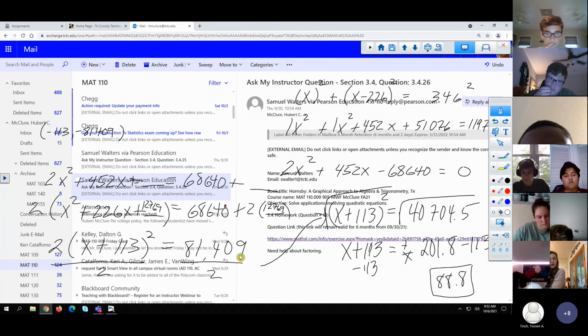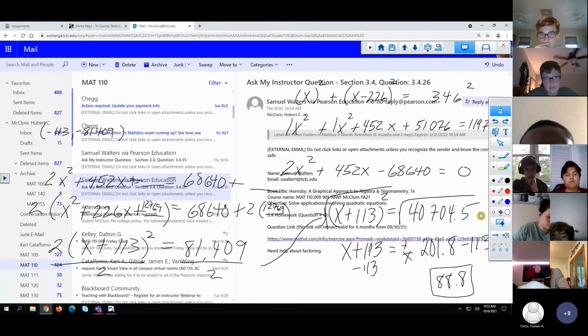Divide that by 2, it comes to 47,089. Take the square root of that, raise it to the 0.5 power. 217. And take 217 minus 113. No, it's still 104. We're still not getting it.